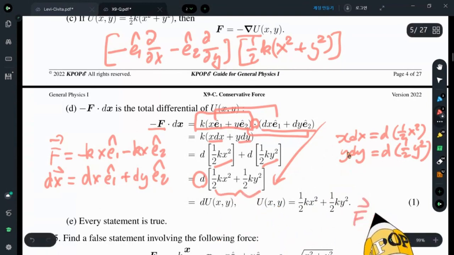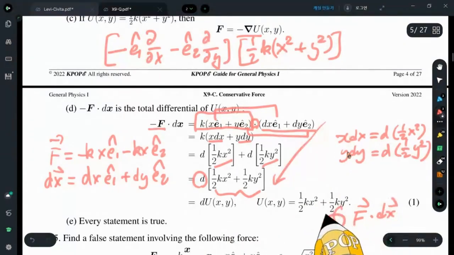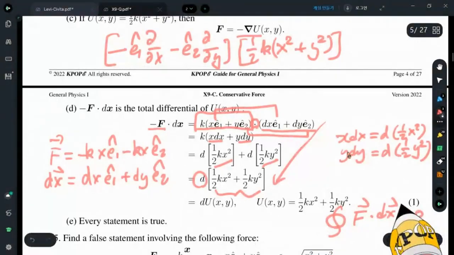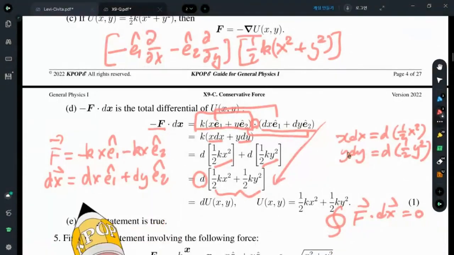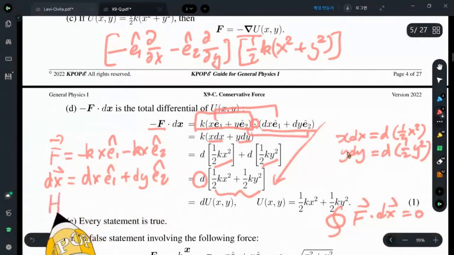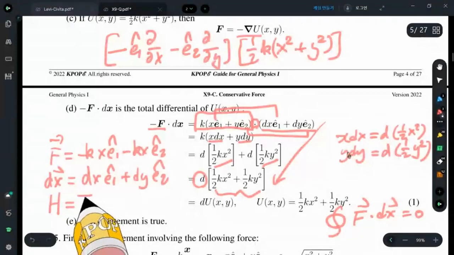This system is conservative. Any integral along a closed path must vanish, and the conservative means the total mechanical energy, and actually that is called Hamiltonian. Total mechanical energy is kinetic energy plus potential energy.